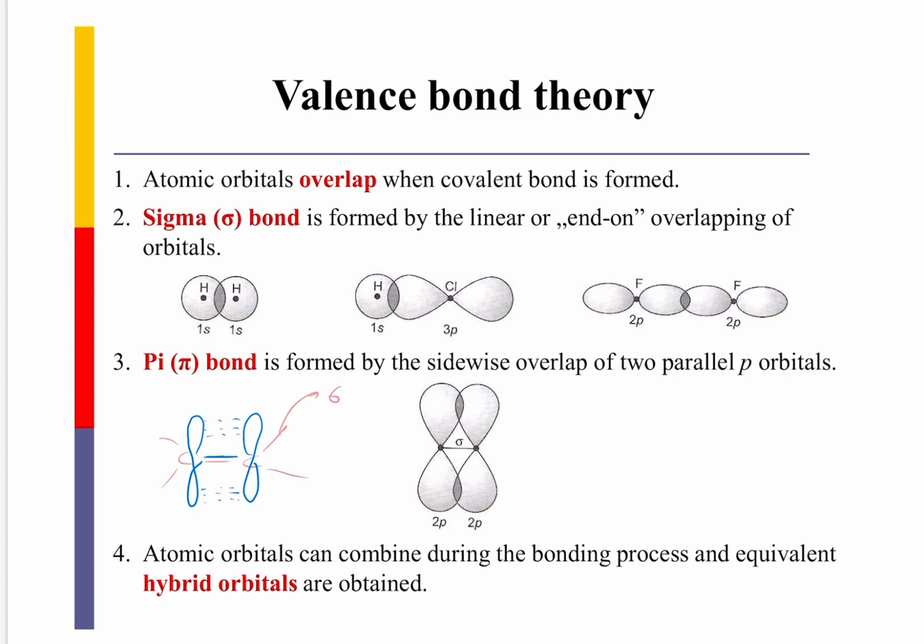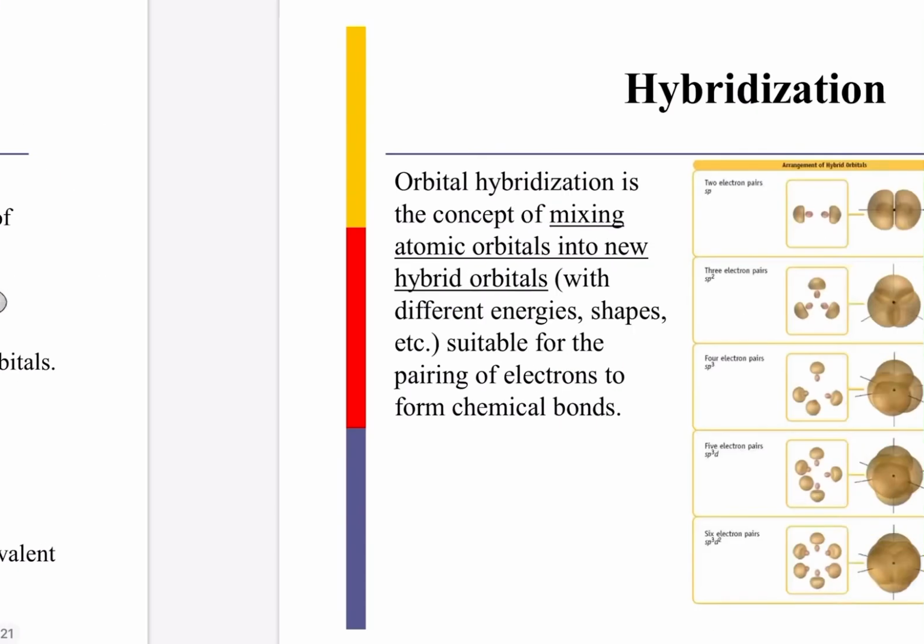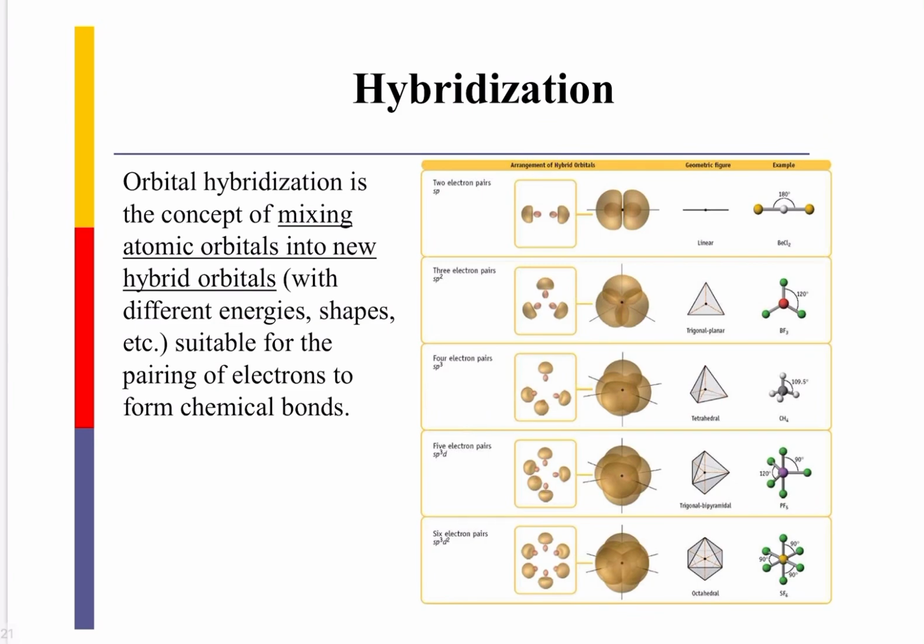In hybridization, all of the hybridized orbitals are the same. Orbital hybridization is the concept of mixing of atomic orbitals, as I mentioned, to form new hybrid orbitals. What are the good things?